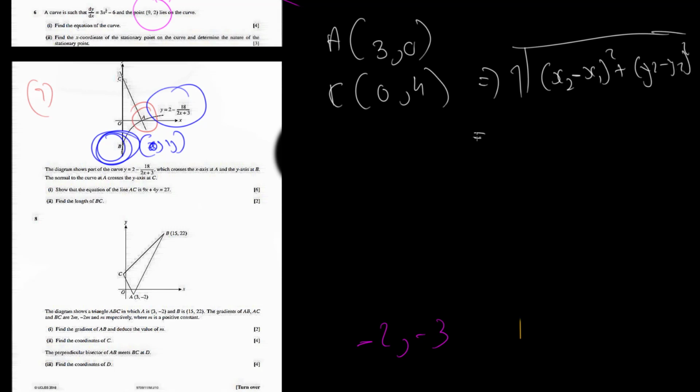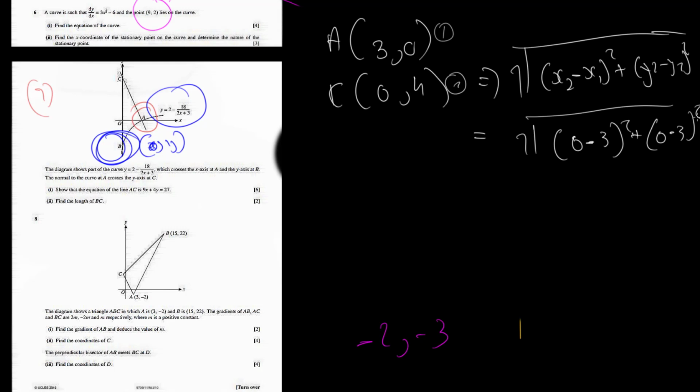Just use this formula and get the answer. So let's do that. Let's make this x1 and this x2. So x2 would be 0, so the root of 0 minus 3 whole squared plus y2 0 minus 3 whole squared.